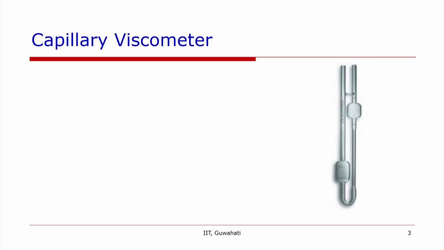So capillary viscometer first. This is a simple diagram of a capillary viscometer, in which a known amount of liquid flows through a channel. What is the driving force here? The driving force here is gravity.